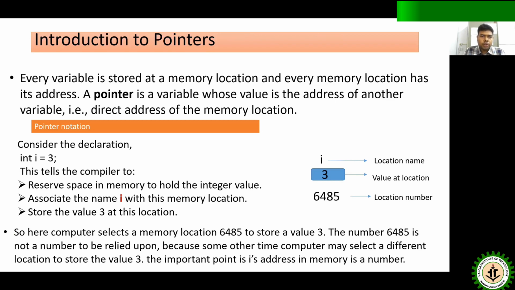So now let us see what a pointer is. Every variable is stored at a memory location, and every memory location has its address. When we declare int I equals 3 in a program, what actually happens?